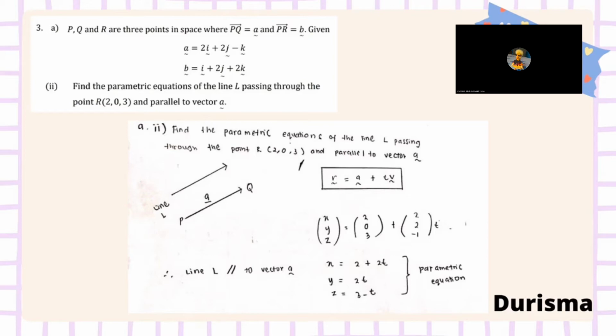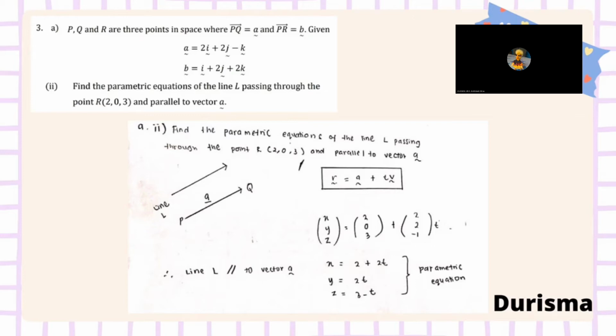So we're going to use vector R equal to vector A plus T vector V. So vector A, we are going to take point R, which is 2, 0, 3, and the vector V is 2I plus 2J minus K, and we just substitute it into the equation.